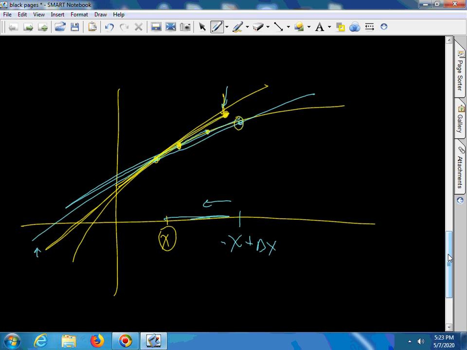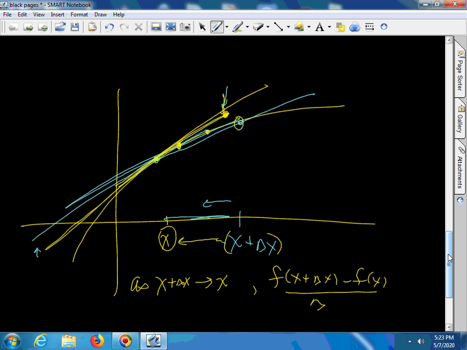As delta x goes to 0, as x plus delta x approaches x, which means delta x goes to 0, f of x plus delta x minus f of x over delta x approaches the derivative.